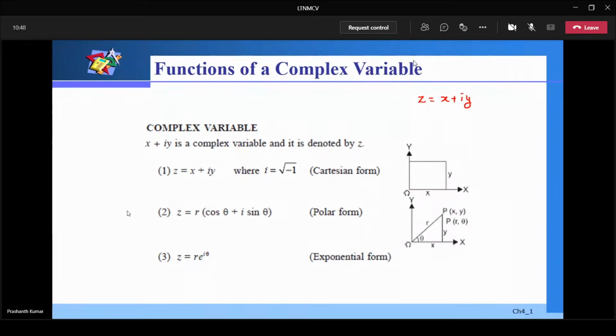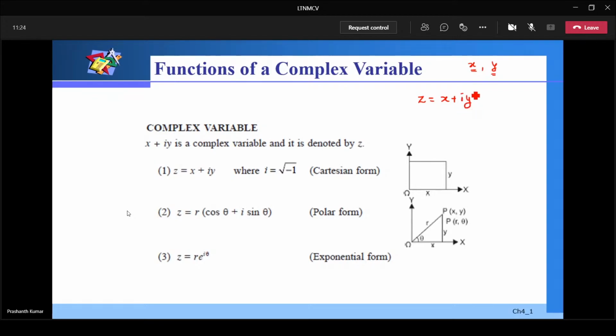Very important here: in the real number system, x is a variable. Whereas in the complex number system, this x variable, and also we take the y variable. These two variables we are considering, and this y is multiplied with i, the imaginary unit.